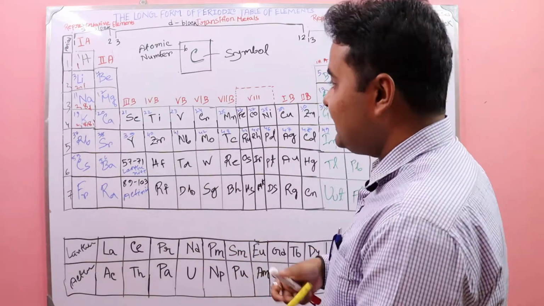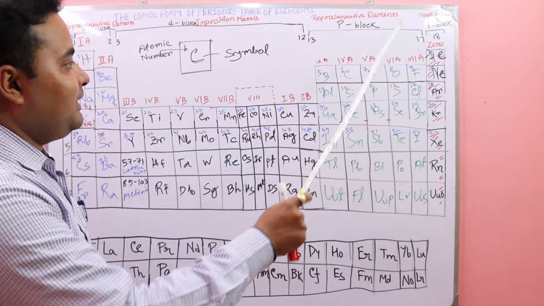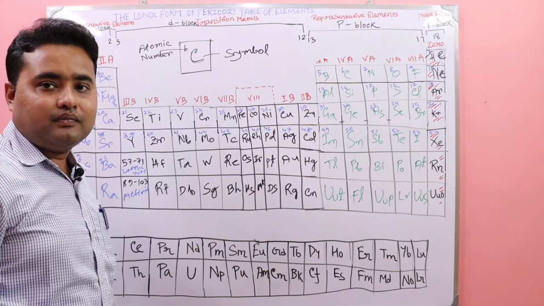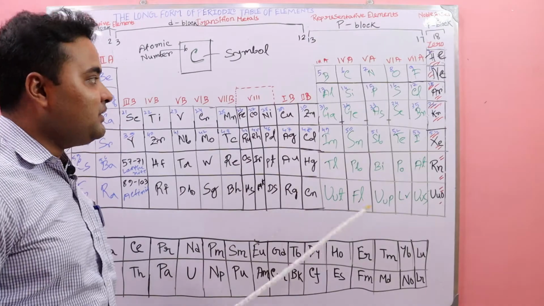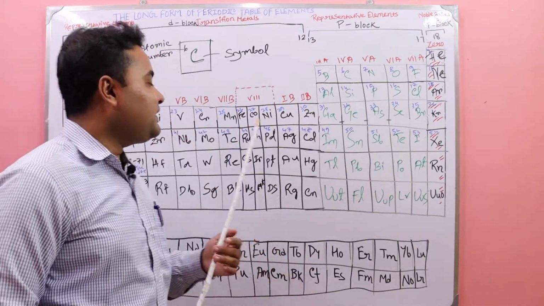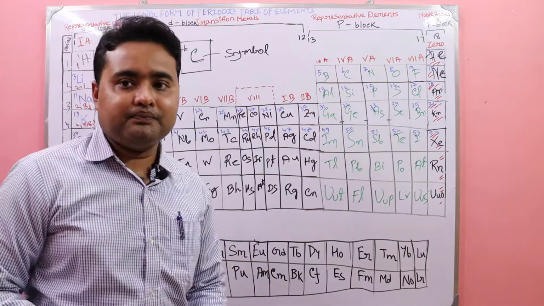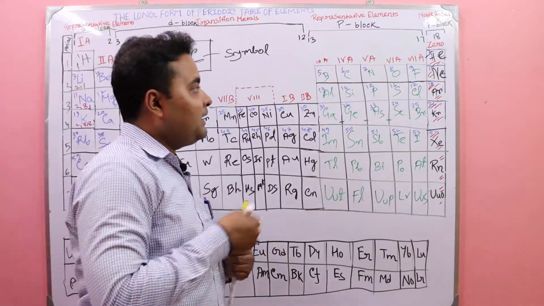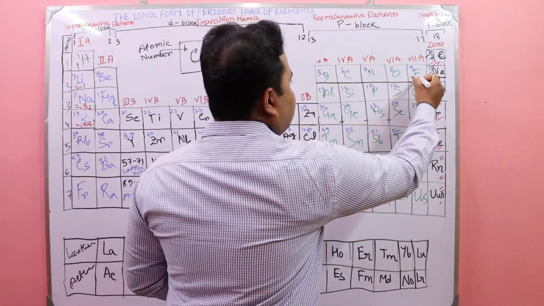And if we see group 7A, we can't take all examples in a single video. That's why we take only two groups, that is 1A and 7A. In 7A, this is 2, 7.